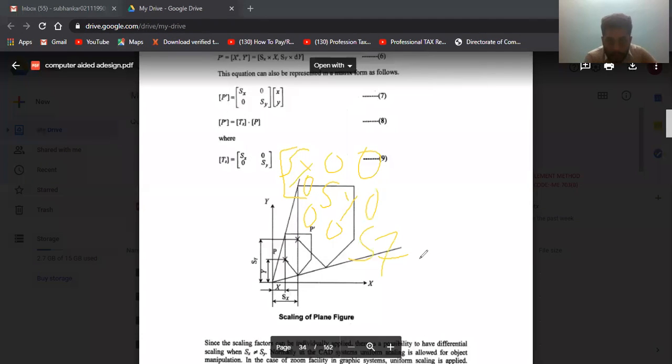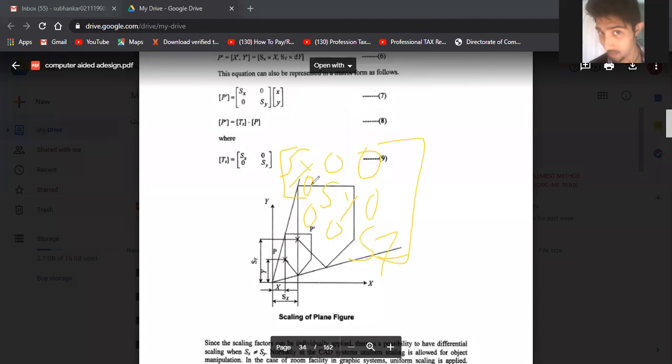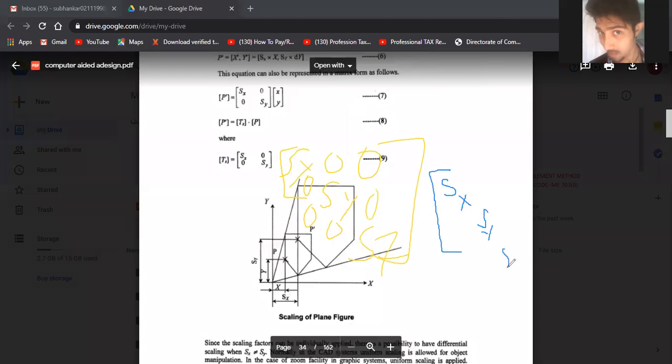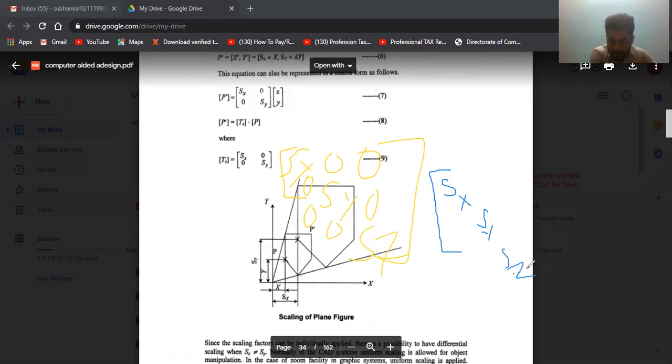Okay. Sx 0 0, 0 Sy 0, 0 0 Sz. Who has written this matrix? Sir, me, Snehasis. Yes, this is the correct answer. That means my matrix will have diagonal components: this is Sx, this will be your Sy, and this will be your Sz.